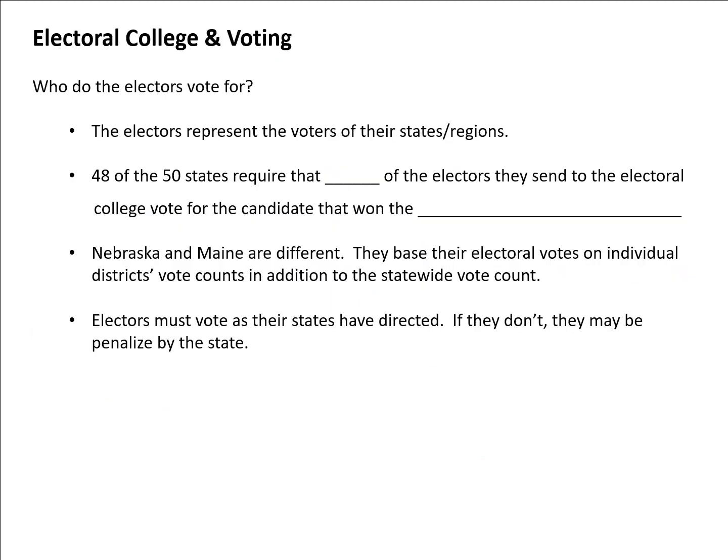Now, the Electoral College and voting. Who do the electors vote for when they meet in the Electoral College to elect the president? Well, the electors, remember, are representing each of their state, or a region like Washington, D.C. Most states require that the electors vote the same way. In particular, 48 of the 50 states, so overwhelmingly most states, require that all of the electors they send to the Electoral College vote for the candidate that won the popular vote in their state.